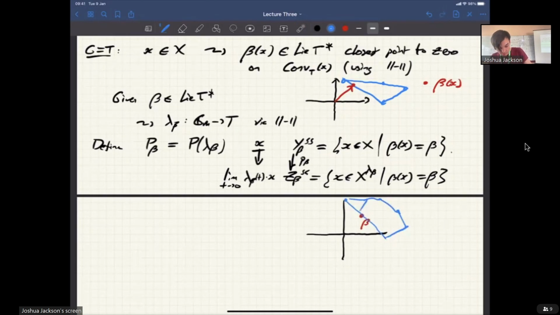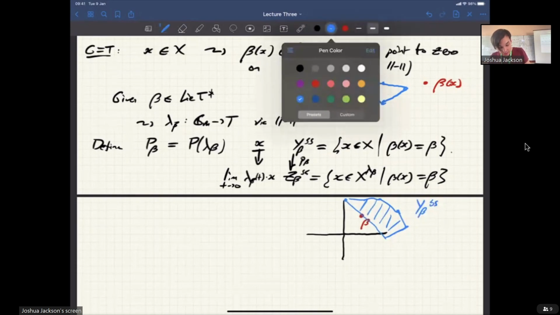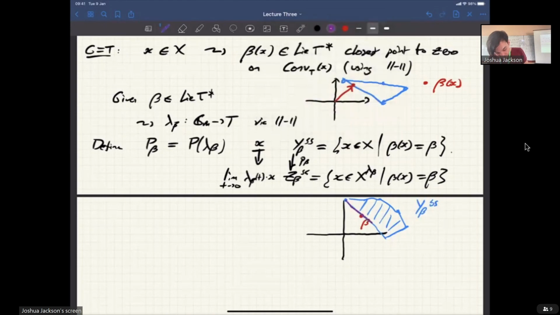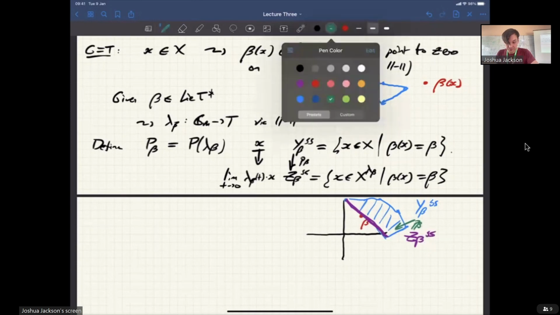So this would be Y beta SS, and then let's use a different color. Why not purple? Then this here is the things that will be in Z beta SS, and P beta is sort of the map which kind of projects the weight polytope onto the Z beta SS part. All right.